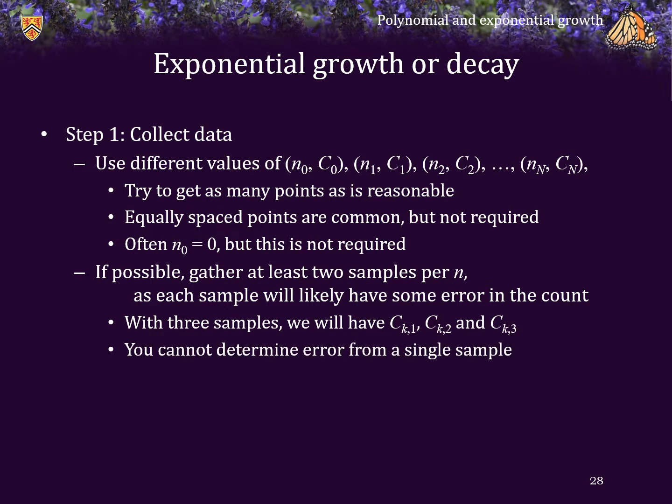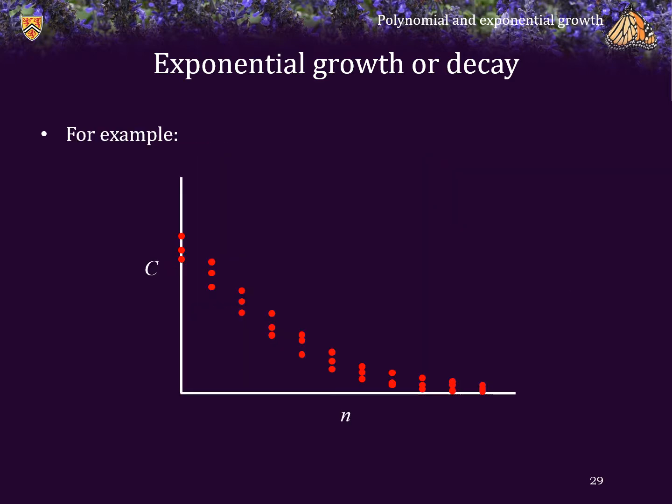And again, with 3 values, you can actually get a good estimate as to what the error of your reading is. This is not possible with a single sample. Okay, so let's say that this is the data we've collected. Here we have integer values of n, and at every integer time we are measuring some value, in this case 3 times, and then we plot it. And it does look like it is exponentially decaying.